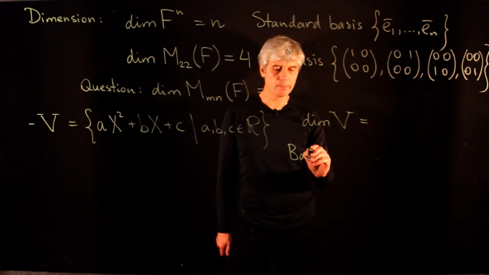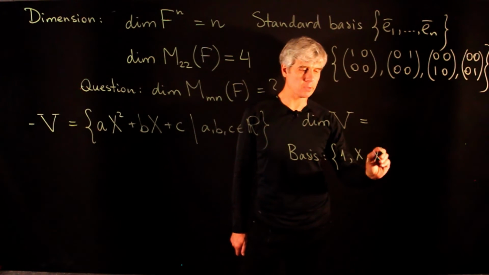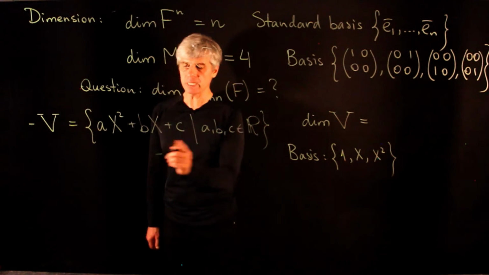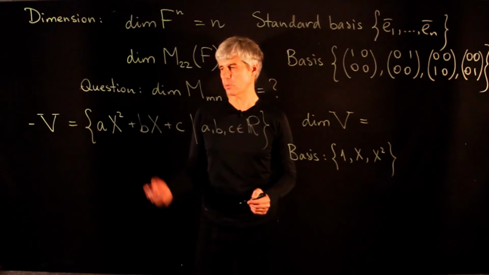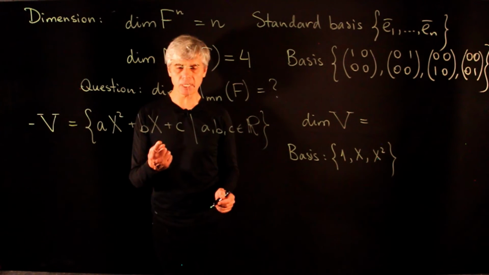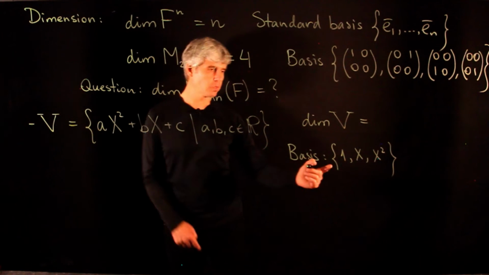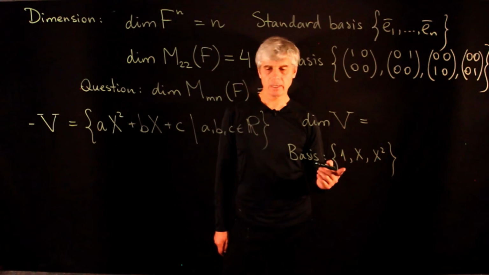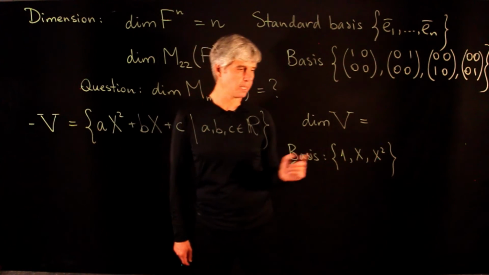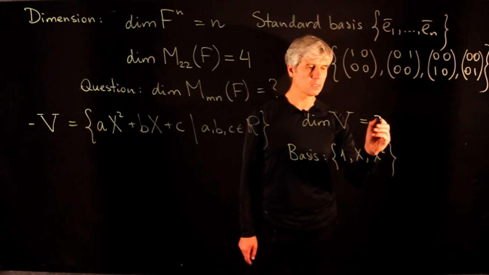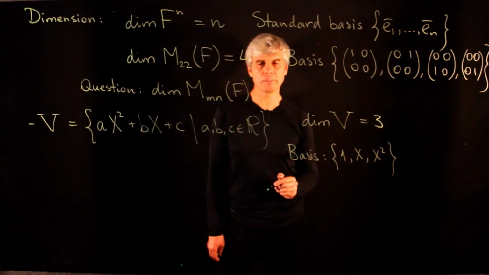Here we say that the basis of this space is 1, x, and x squared, because what we have written here is just linear combinations of these 3 vectors: a times x squared plus b times x plus c times 1. These are linearly independent, and they span the space V. And there are 3 vectors in this basis. So we say that the space of quadratic polynomials has dimension 3.